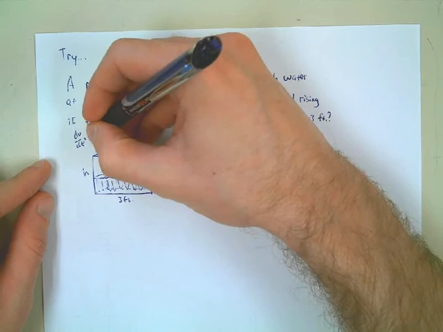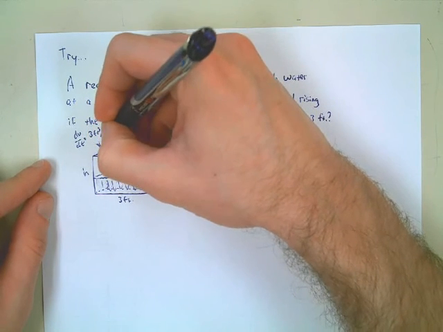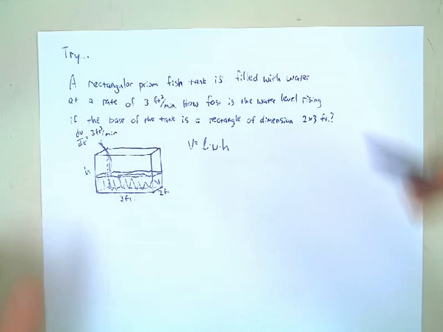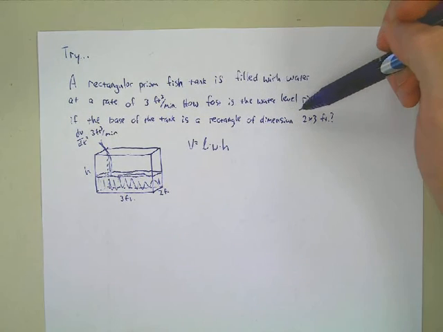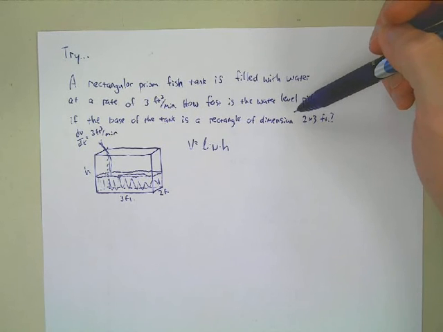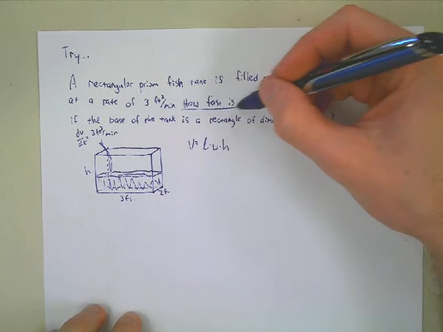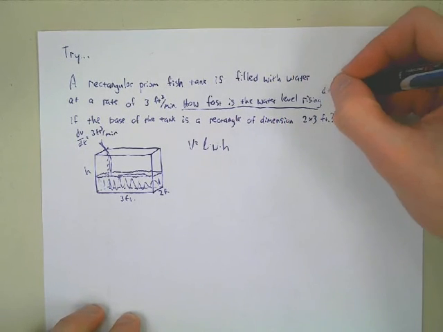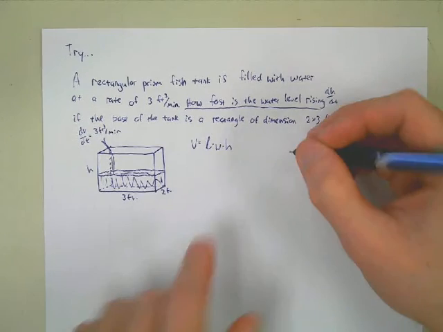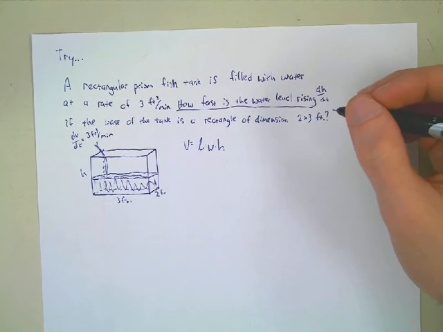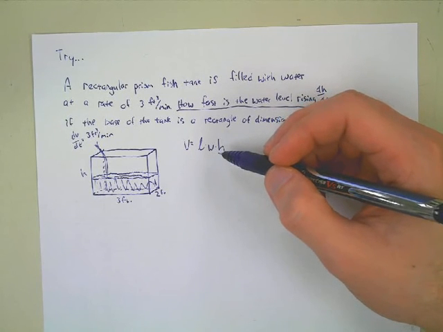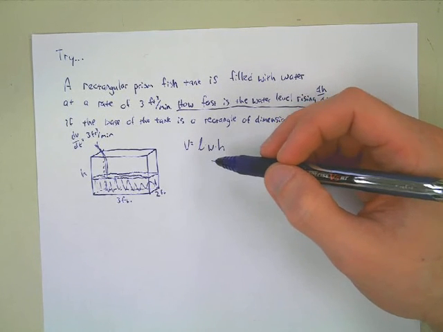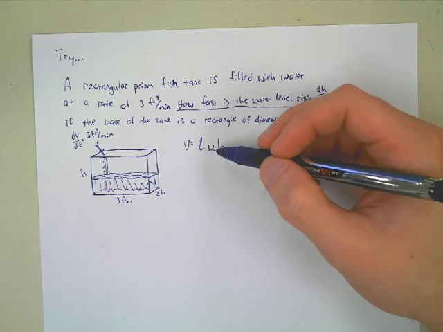We want to find how fast the water level is rising, so that means we want to solve for what? dH dt. So we need to get a dH dt here. Now, you'll notice if we were to take the derivative as this is currently written, what would we have to use? Product rule. And it'd be like the product rule applied twice here. It's kind of hard when you have 3 things being multiplied together. So we're going to skip that.